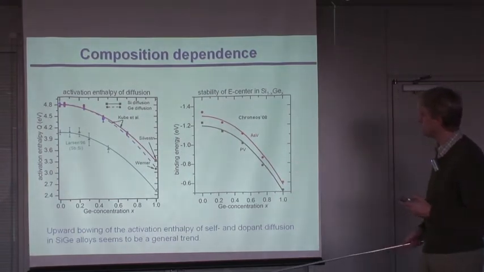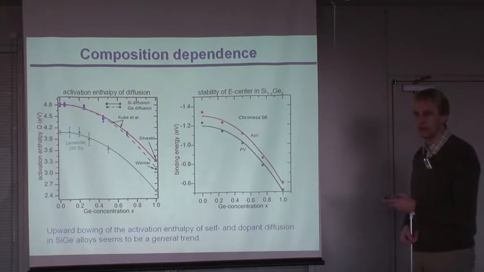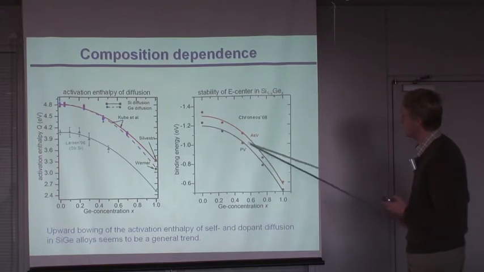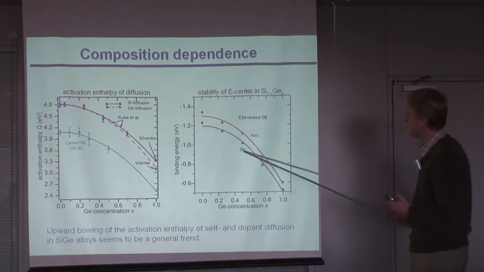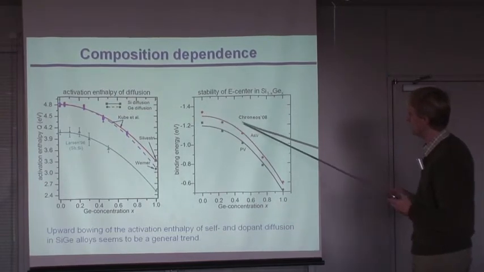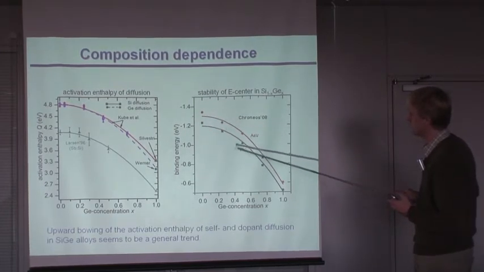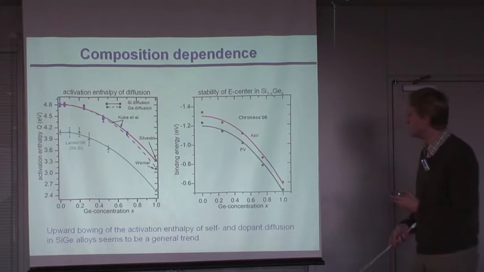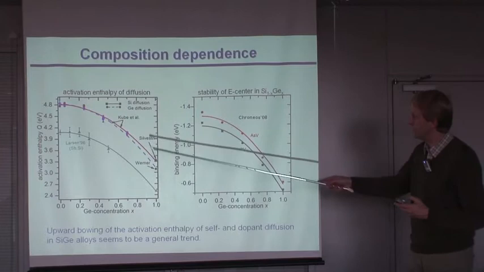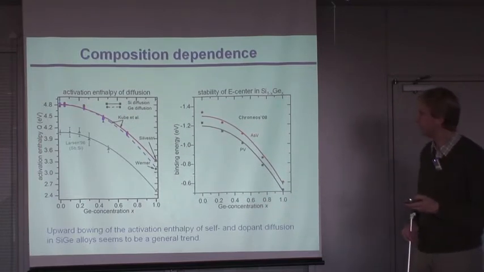Also, if you do theoretical calculations on the stability of the so-called E-center, which is nothing else than the dopant vacancy pair in silicon germanium, like shown here, the arsenic vacancy and the phosphorus vacancy pair as a function of the germanium concentration, the stability in terms of the binding energy of this pair also shows such an upward bowing. So it seems to be a general trend for the silicon germanium system, having such a dependence on the germanium concentration with an upward bowing.